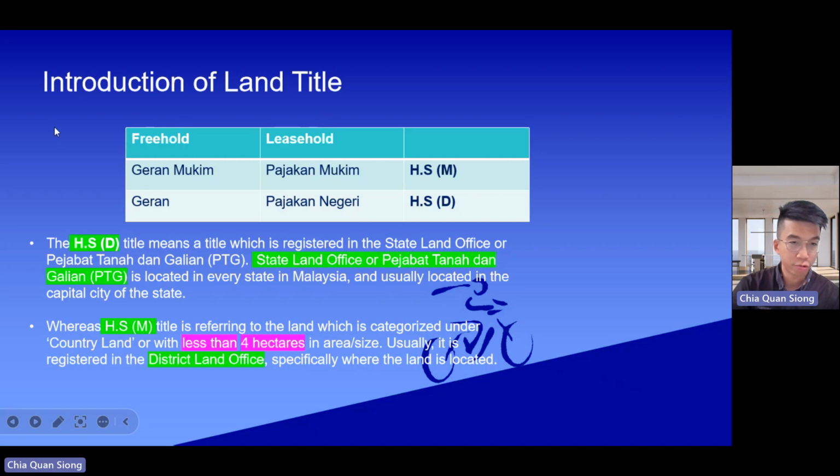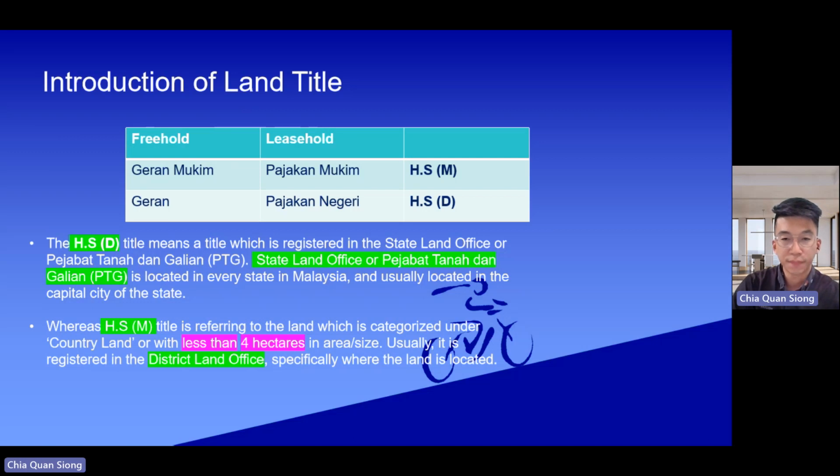First of all, I would like to introduce our land title in Malaysia. Basically, we have a few types of title which are issued by the land office and also the district land office. When the land title is granted by the authority, we have two types, of course. One is HSM and the other is HSD. HSD title means the title in a state land office or Pejabat Tanah dan Galian.